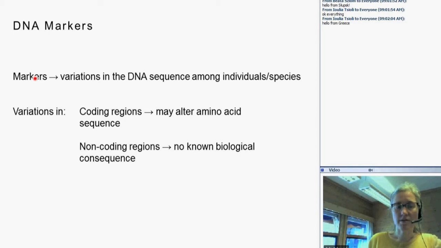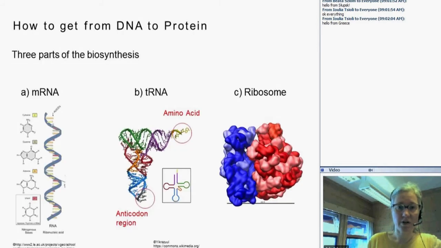The markers are basically variations in the DNA sequence among individuals and species. There are variations in the coding regions, which may alter amino acid sequences. So I go back here.